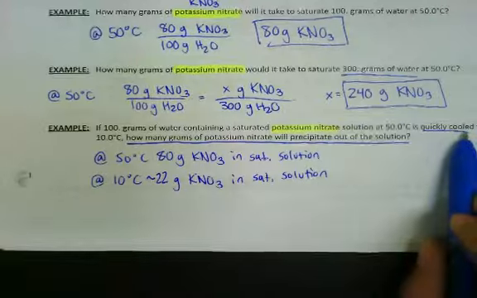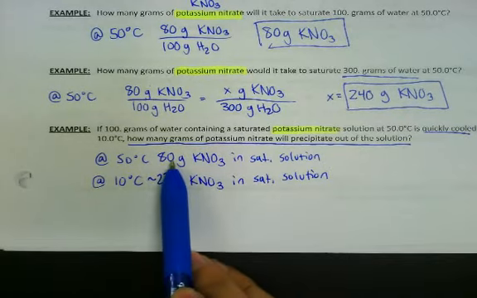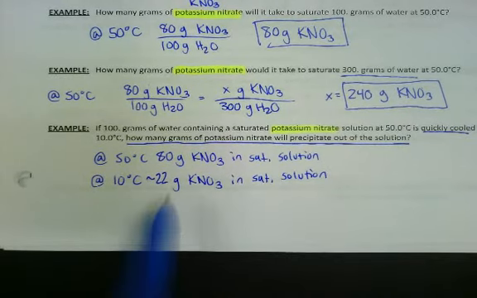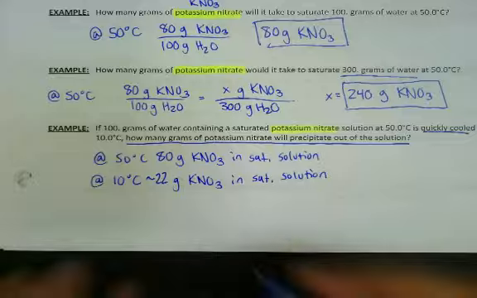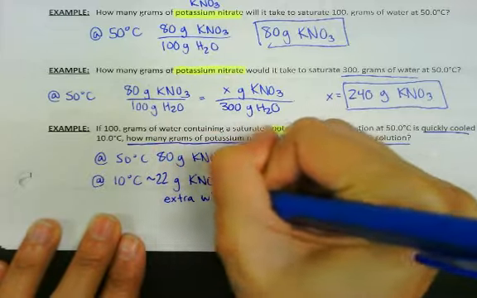So if we quickly cool it down, what's going to happen to anything above 22 grams, y'all? We had 80 grams in the solution, but at 10 degrees Celsius, we can only hold 22. What's going to happen to the other? It's going to precipitate out, right? It's going to fall out. So extra will precipitate out.